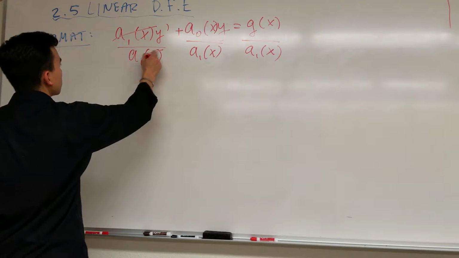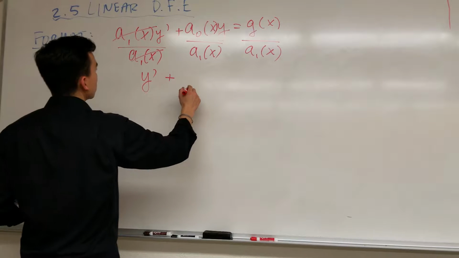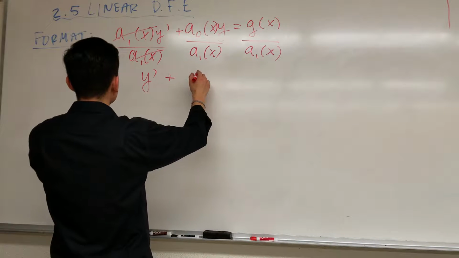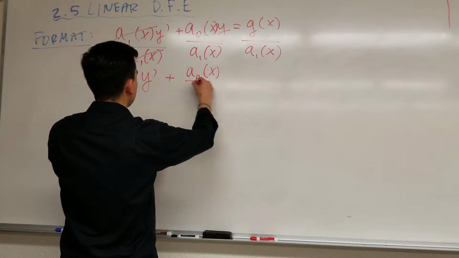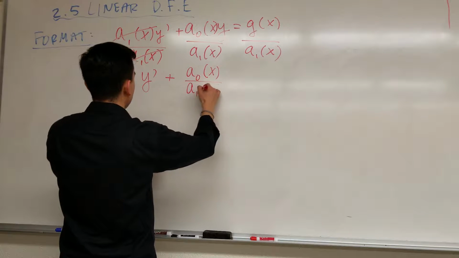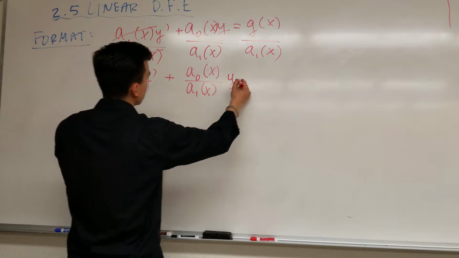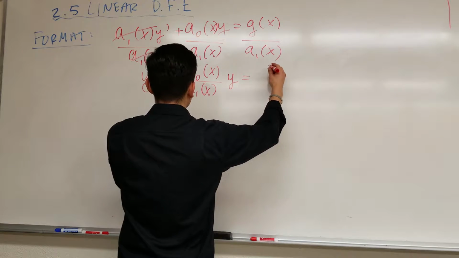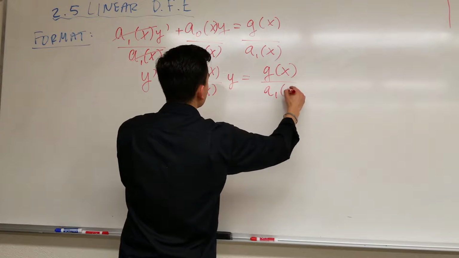Now this one will cancel out, and we're left with y prime plus a naught of x over a1 of x times y equal to g of x over a1 of x.